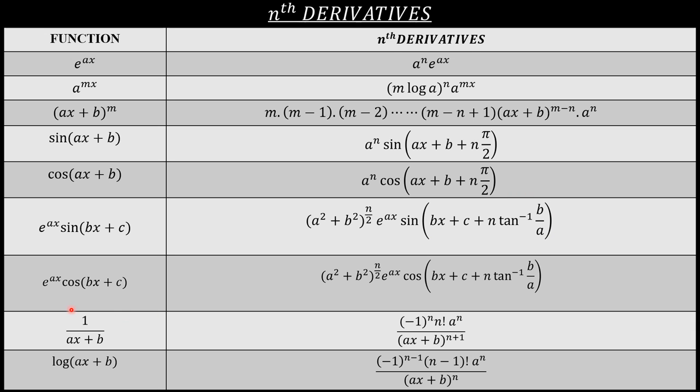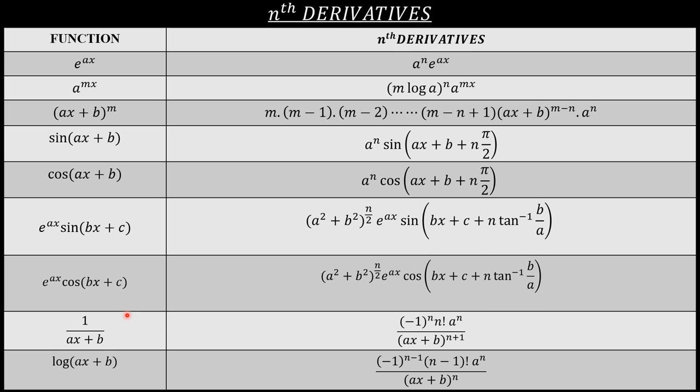And that of cos of bx plus c into e to the power ax is a square plus b square to the power n by 2 multiplied with e to the power ax into cos of bx plus c plus n times tan inverse of b by a.